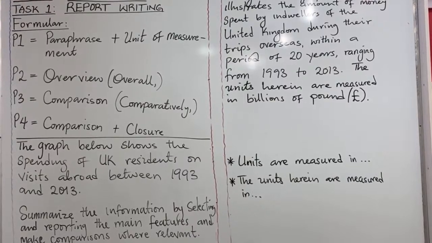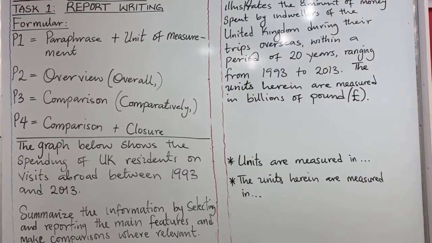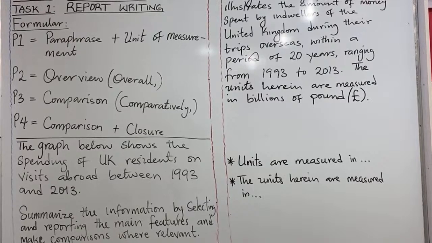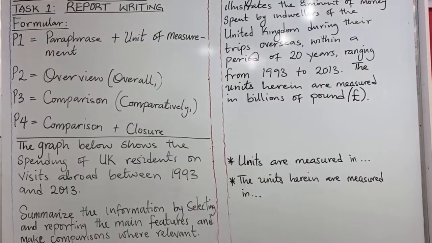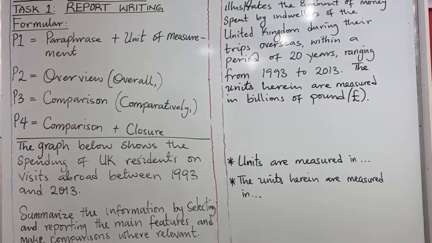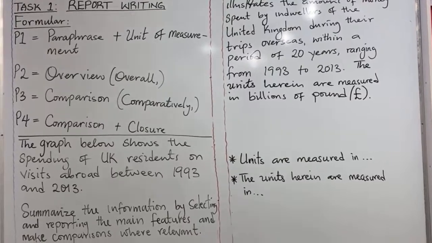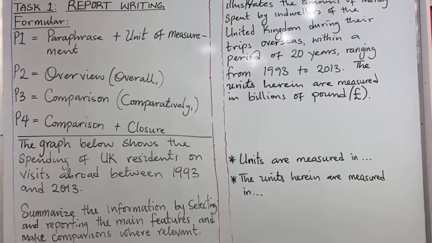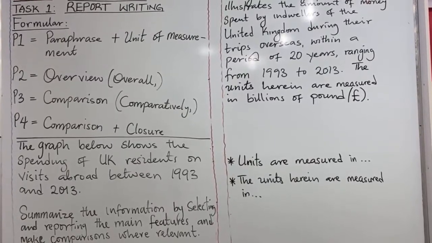So how are we certain that this one is the unit of measurement? Is there any other unit you're seeing there apart from that one? I'm not seeing it. But can these numbers be years or something? No.